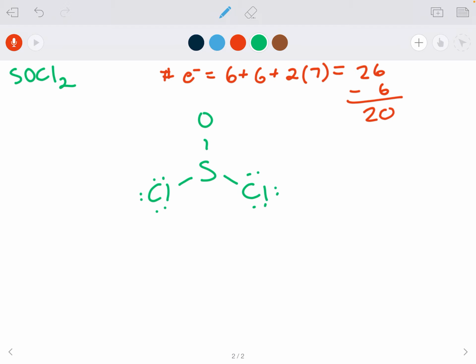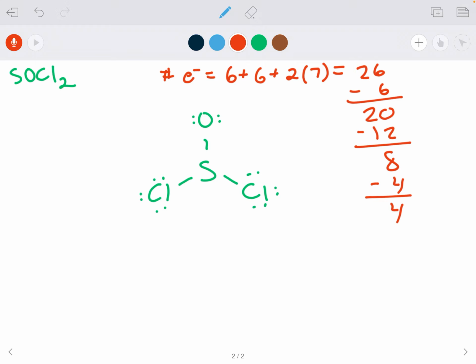But oftentimes, any of the halides are going to have 3 lone pairs around them. So that was another 12 electrons I just used. So that leaves me with 8. Next up, I'm going to put at least 2 lone pairs with oxygen. Oxygen's never really going to have less than 2 lone pairs around it. So I'll put 2 there, and that leaves 4 electrons left.